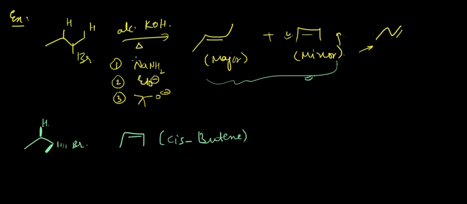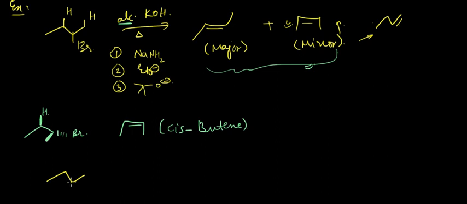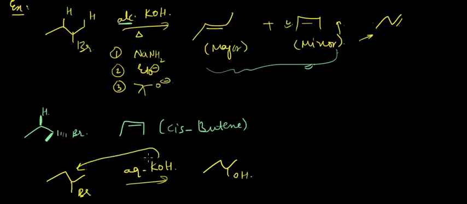But what happens, this is the alcoholic KOH. I hope you have noticed this. What happens if we use the same compound and we use aqueous KOH? What happens in this case? Then we would have an SN2 reaction in which OH would act as a nucleophile and would attack on the backside of the carbon atom to remove Br.